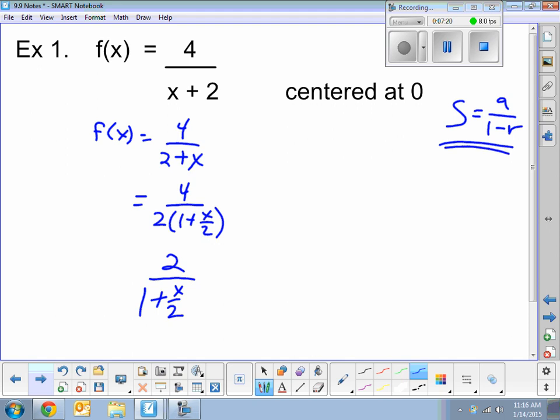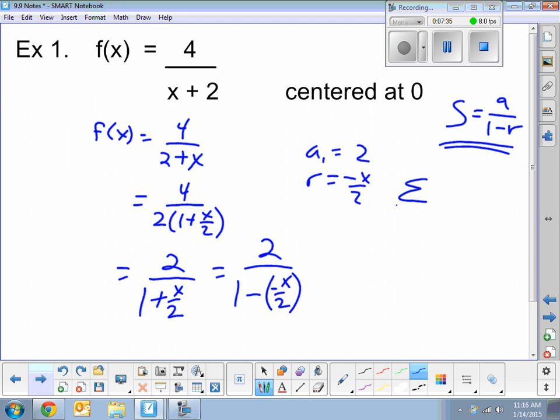I need that as a minus, so that is 2 over 1 minus a negative x over 2. So my a sub 1 is 2, my starting place, and my ratio is negative x over 2. Put it in a summation formula. We get n equals from 0 to infinity of 2 times negative x over 2 to the n.